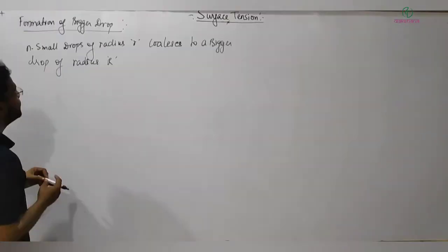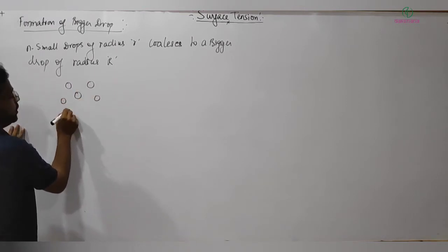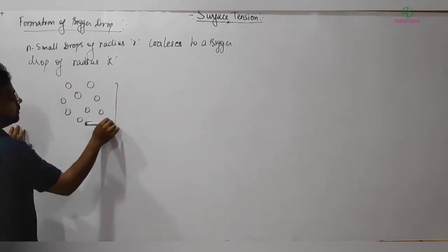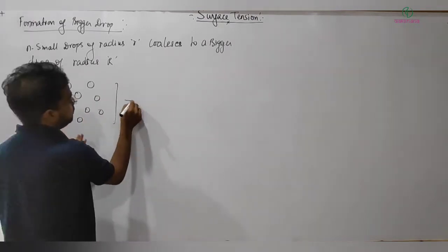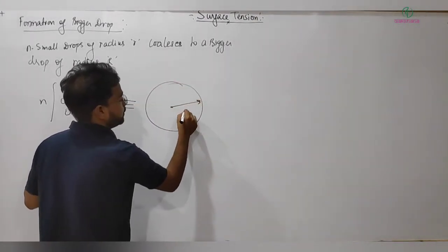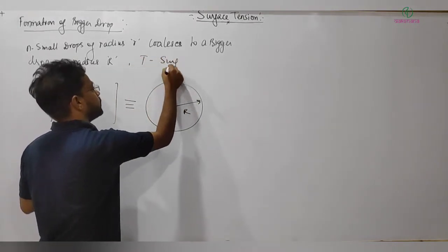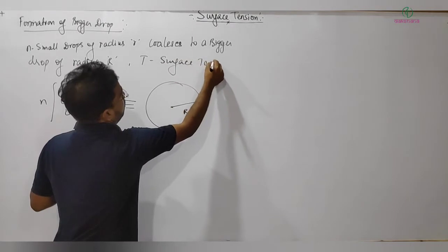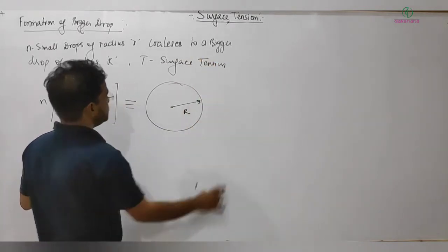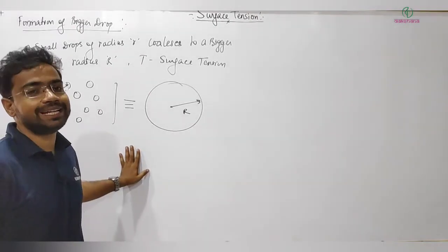So here n small drops merge and form a bigger drop of radius capital R. Surface tension of the liquid is T. In this process you must be understanding the surface area is decreasing, is it?